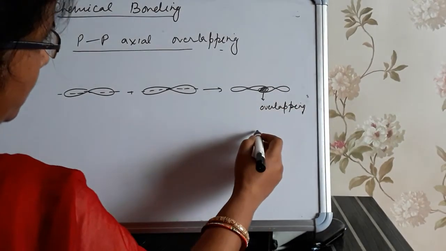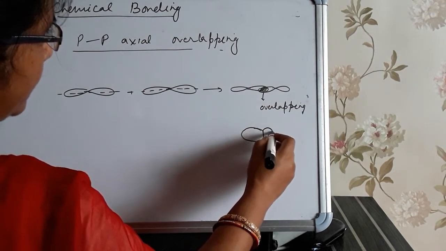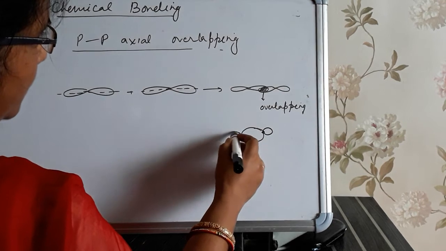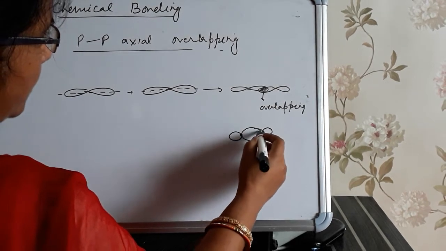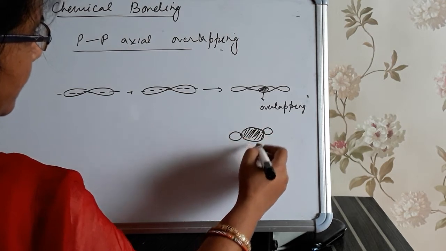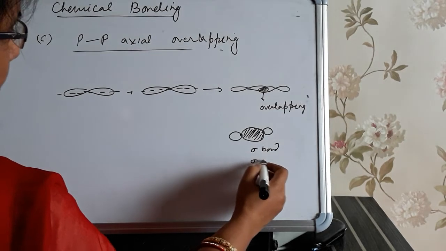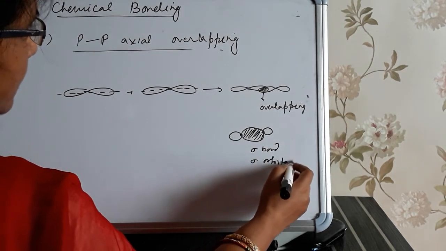So the formation finally of this type of orbital, this is the nucleus, here the nucleus, in between electron clouds are present. This is sigma bond and sigma orbital.